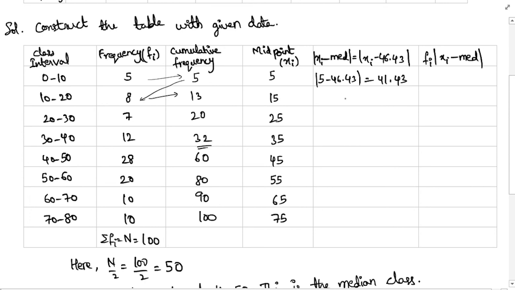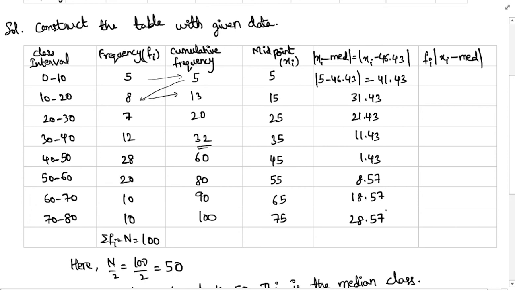Similarly, please calculate for the others also. This will be 31.43, this is 21.43, this will be 11.43, this is 1.43, this is 8.57, then this will be 18.57, and this will be 28.57.